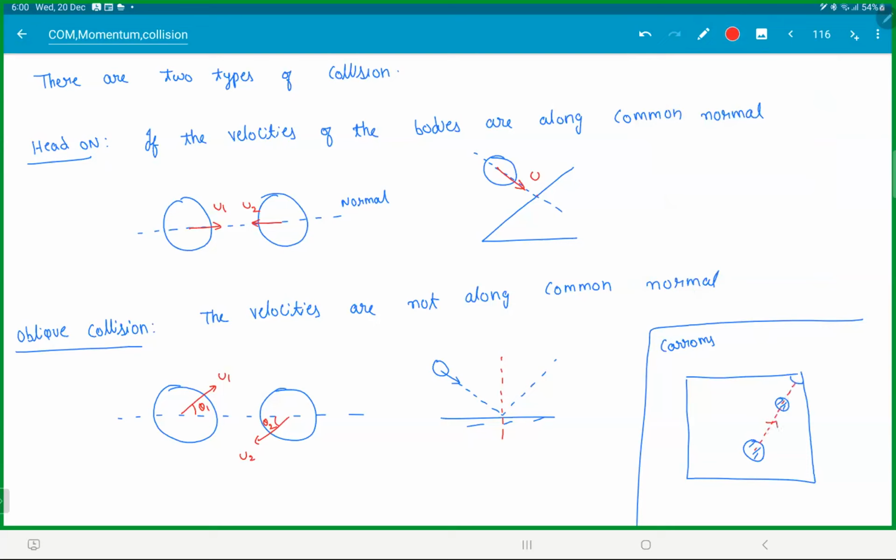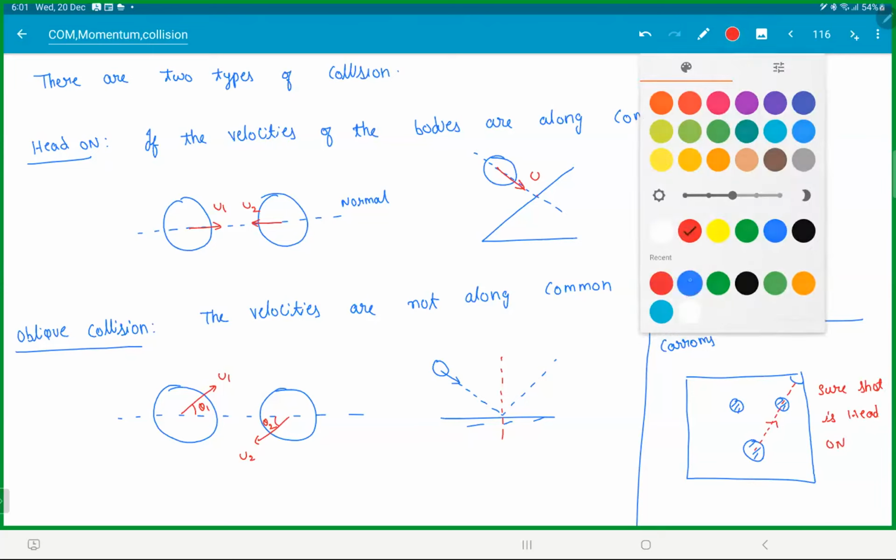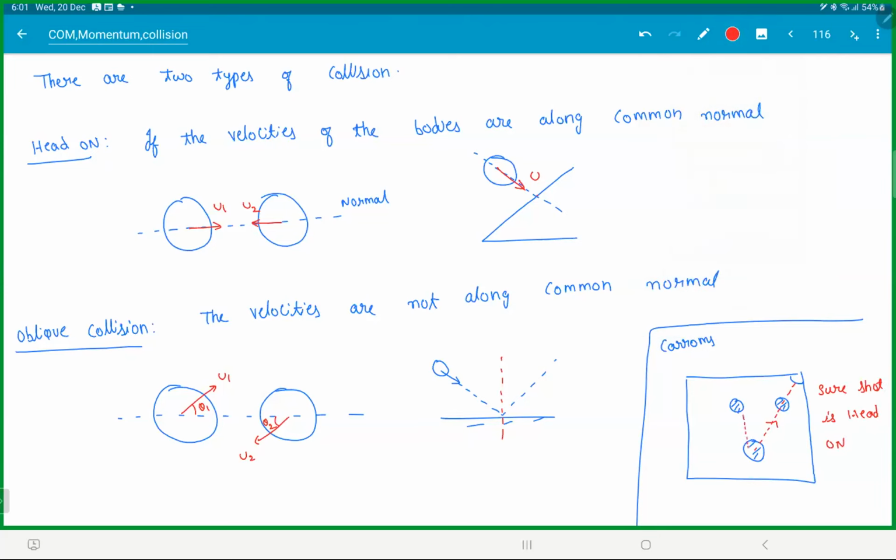The sure shot coin is a head-on. Or suppose if you're good at carroms, you must have seen this thing, the cut shot. You hit like this, the coin goes like this, and the striker goes off like this. Cut shots are oblique.